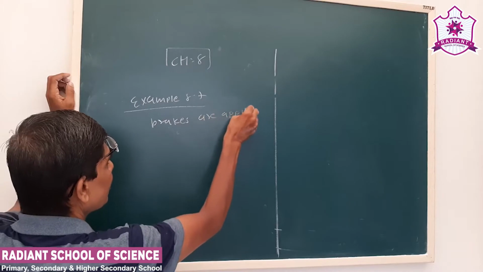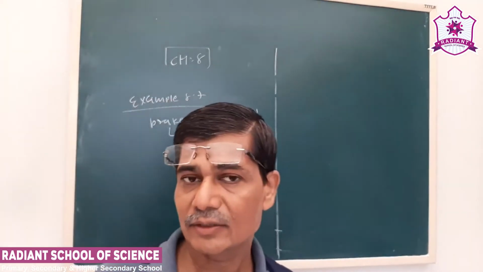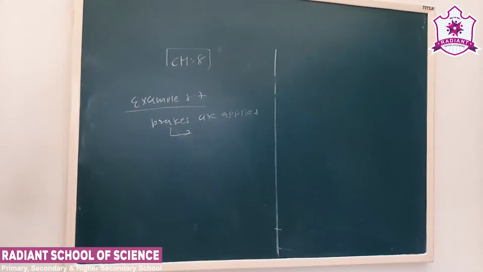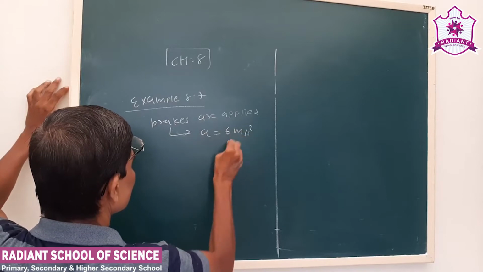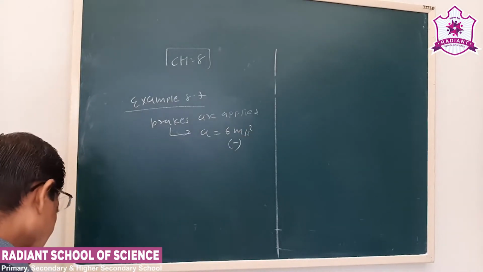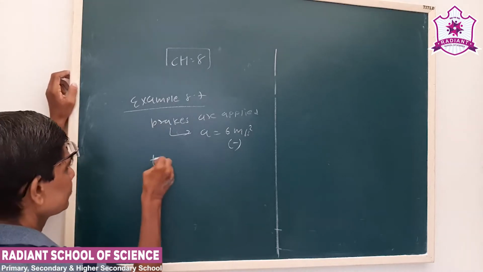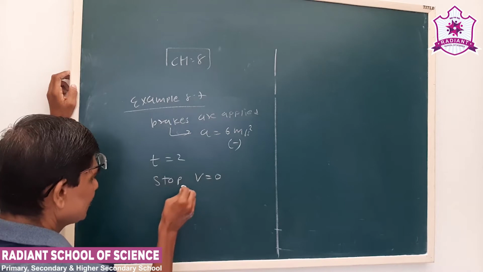See, this is our experience that when we apply a brake to the vehicle, the velocity decreases, so there is a retardation, negative sign. Now, it takes 2 seconds to stop. Stop means final velocity is 0.